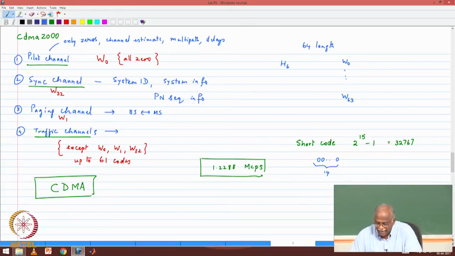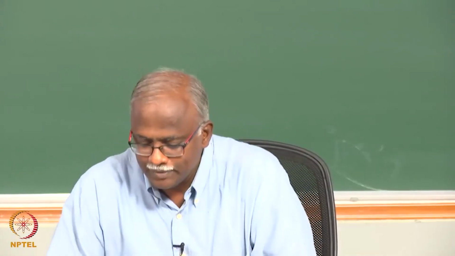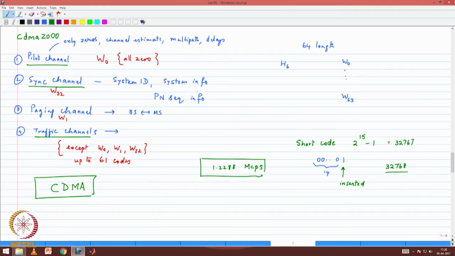So after these 14 zeros, you insert a 1, and so you know exactly where the additional bit has been inserted. With this insertion it becomes 32768, and this is used for base station identification.